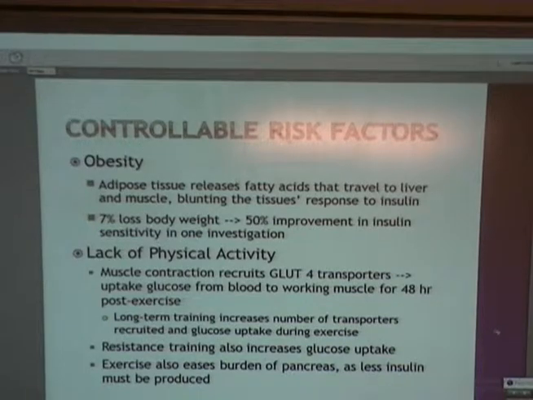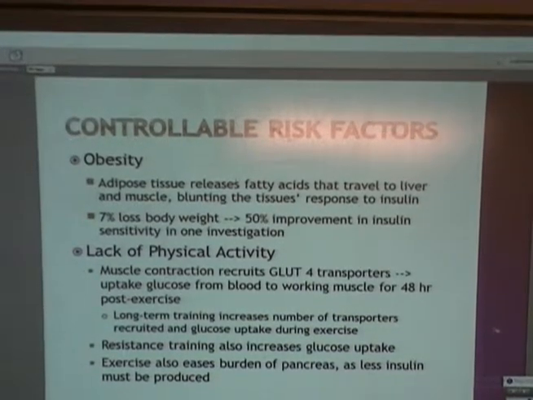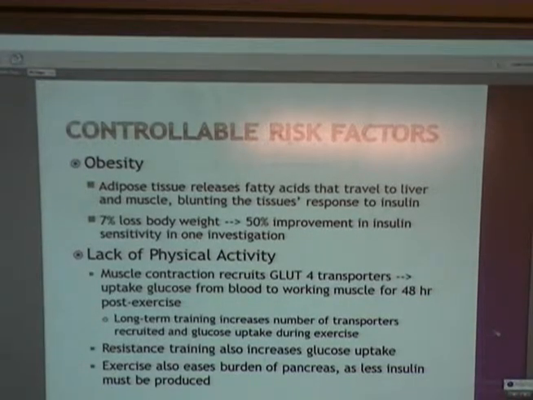So the impact of the exercise on glucose management can last for several hours. The more regularly we train, the more physical activity we do, the more likely we are to be able to manage our blood glucose without having to resort to taking insulin.